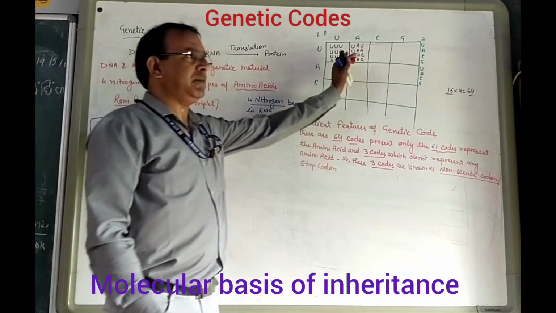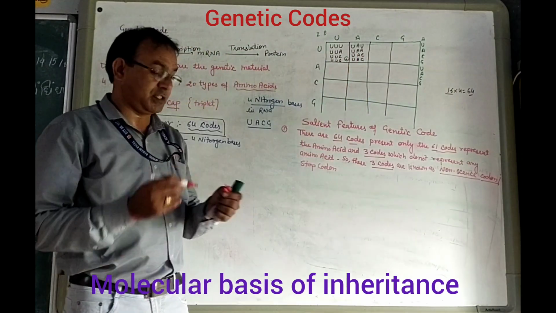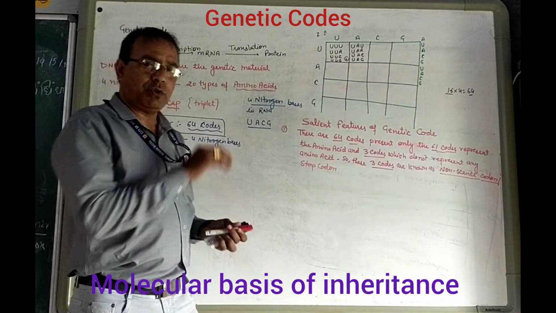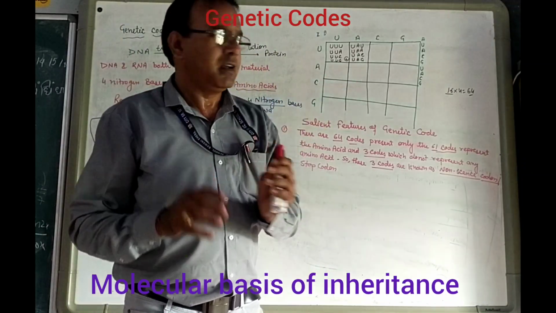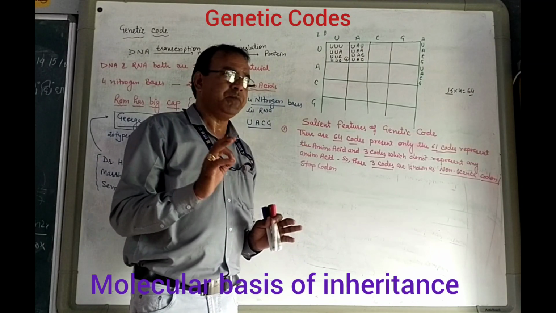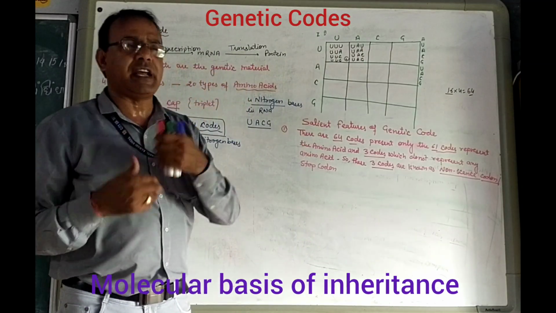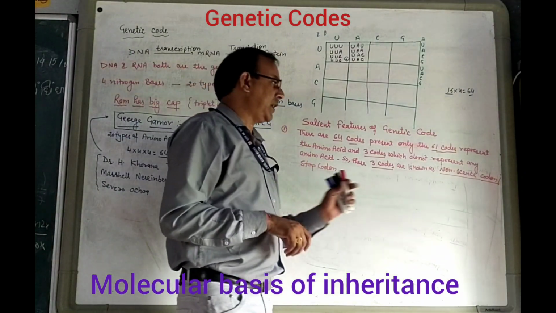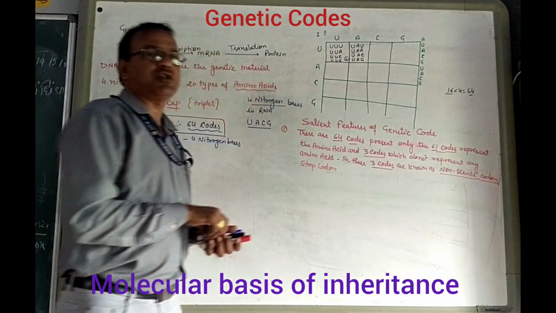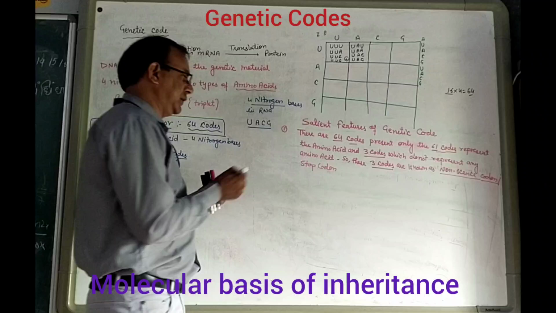As we draw the diagram or table, in the table we have seen that there are 64 codes. Out of 64 codes, only 61 represent an amino acid, but 3 genetic codes do not represent any amino acid. So these 3 are known as nonsense as well as stop codons. This is the first salient feature.